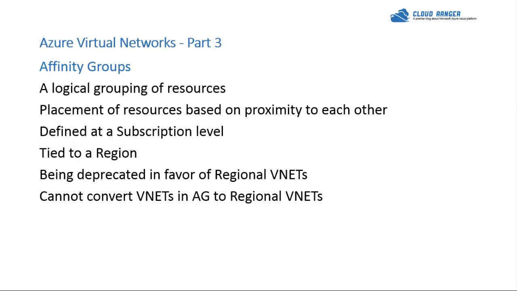And by the way, when we say regional virtual network, it basically means a virtual network that's assigned to a region or a location, which is almost something you have to do always. Anytime you create a virtual network, it has to be connected to a region. So if you see somewhere it says regional virtual network, just think of it as a virtual network, because it's no different.